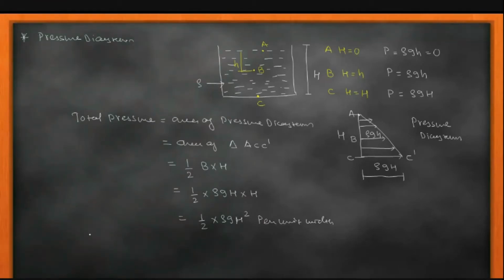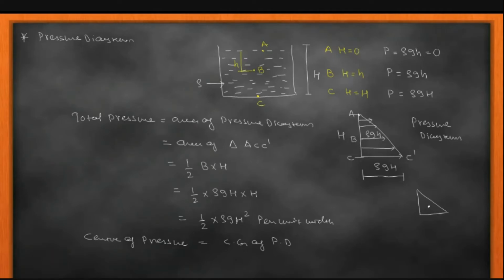The center of pressure from the pressure diagram is equal to the CG of the pressure diagram. So here, suppose this is a triangle, and in a triangle we know at what point from the base we have the CG.